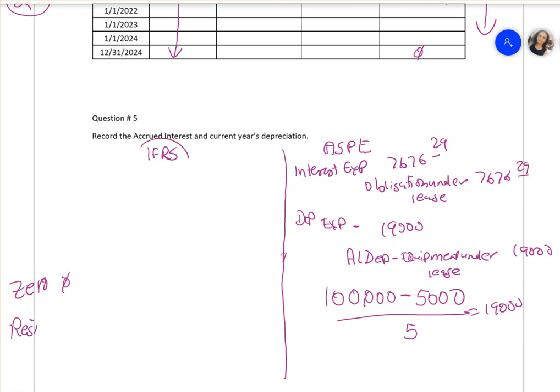Now we're going to go to IFRS. Your interest expense entry does not change, so you debit the interest expense of 767,629, and you have a lease liability. Then we have the depreciation expense, and we have an accumulated depreciation.